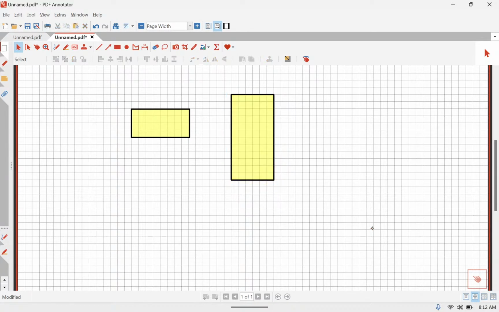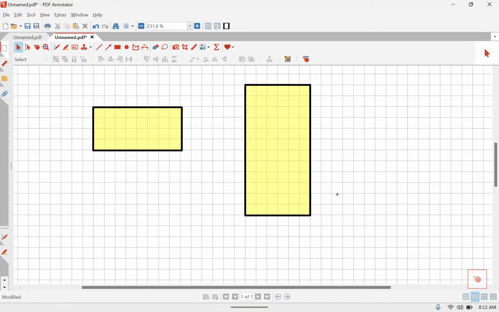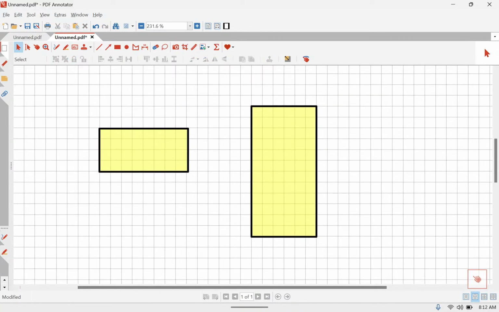There. If I dilated this rectangle and rotated it and reflected it and did a whole bunch of other stuff, so now it looks like this. If this was the first rectangle and this was the second, when I say teach, I want you to say, okay, how can I have found the scale factor that took me from the little one to the big one? Give it a try and teach.